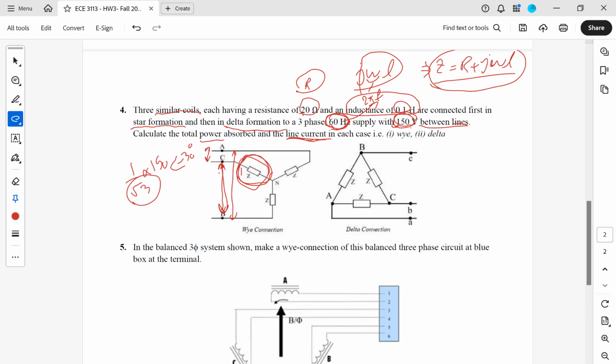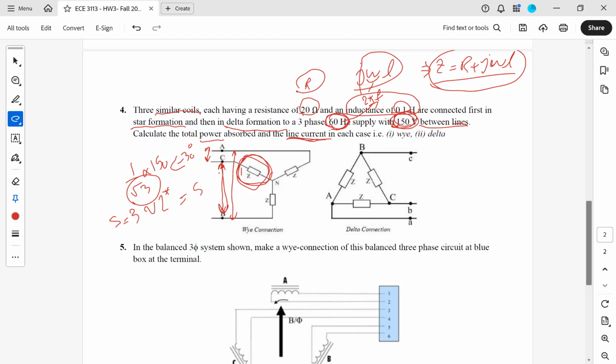Now that we have the phase voltage and the phase current, we can calculate the power for this three-phase balanced system, which is 3 times each voltage and the current conjugate. If you're using the line voltage, you have to use the line current. If you use the phase voltage, you have to use the phase current. And this way, you can easily calculate the amplitude of S.